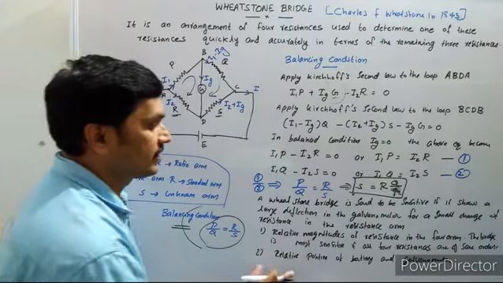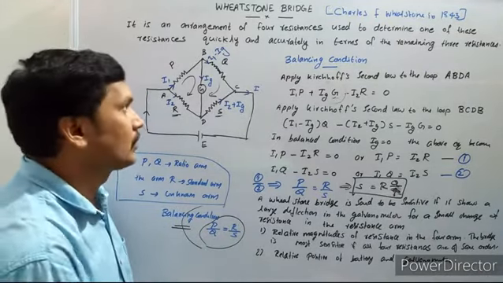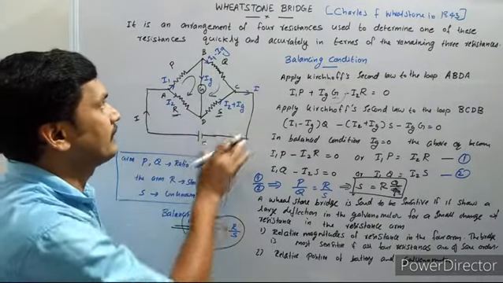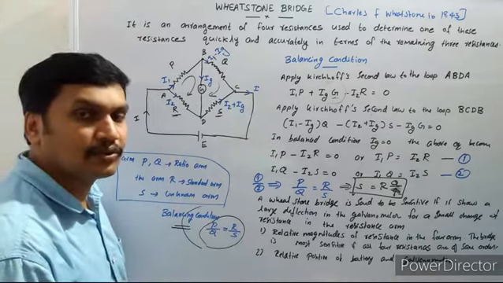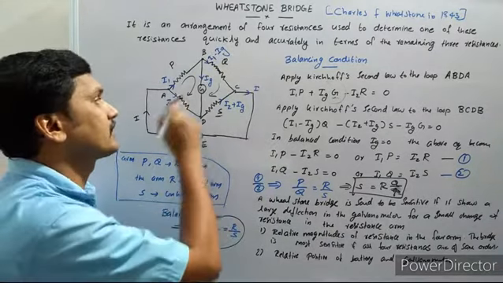And the second factor is the relative position of the battery and the galvanometer. That's all about the Wheatstone bridge, a very easy method to measure an unknown resistance if you know the other three resistors.